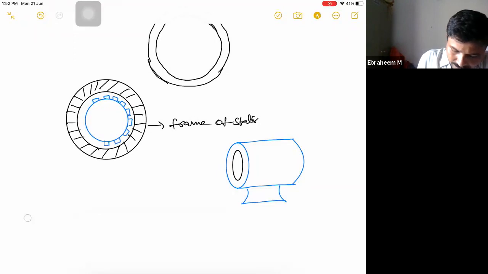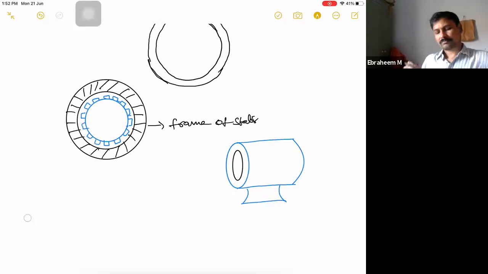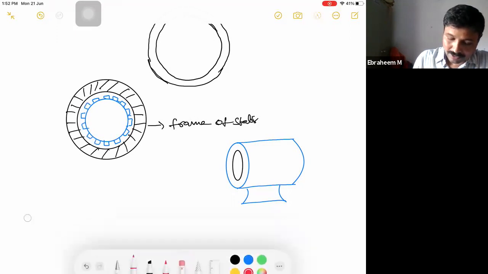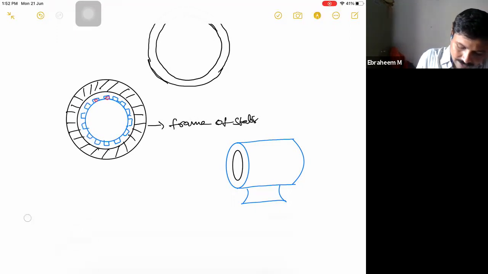Whenever you take a frame or any core, inside of this you will have red circles, which I'm drawing, inside these tooth-like things or conductors.